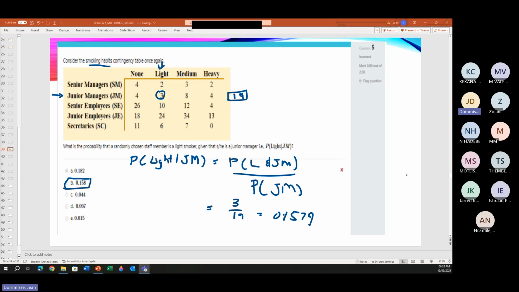Okay, let's select on this table. What is the probability of heavy and secretaries?